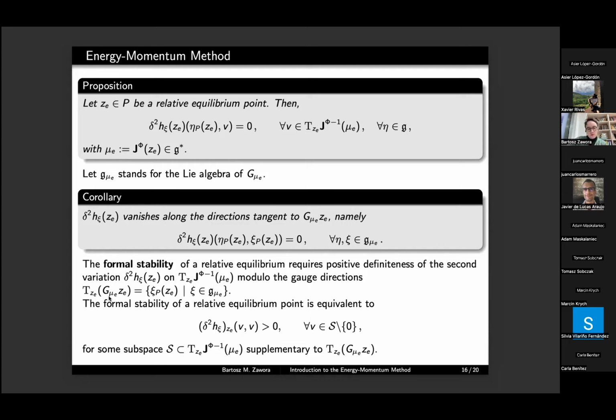So we don't need to take into account the directions that are tangent to the orbit generated by G_mu.